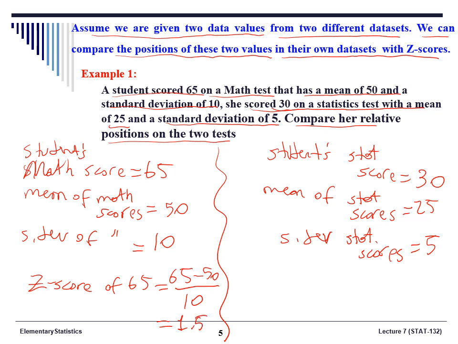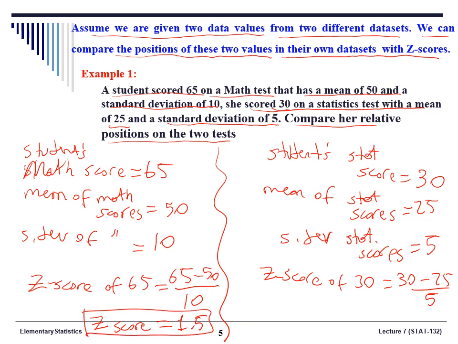And now the z-score of the student's statistics score, which is 30 minus 25 over 5. The z-score of 65 in mathematics is 1.5, and the z-score of the student's statistics score is 1. When you calculate, this is 1.